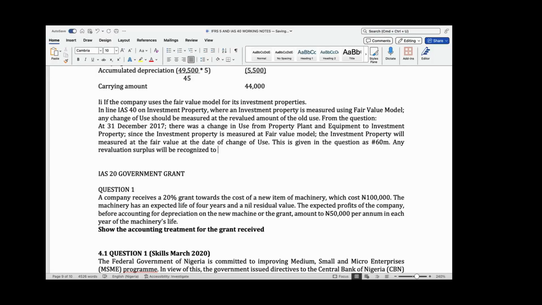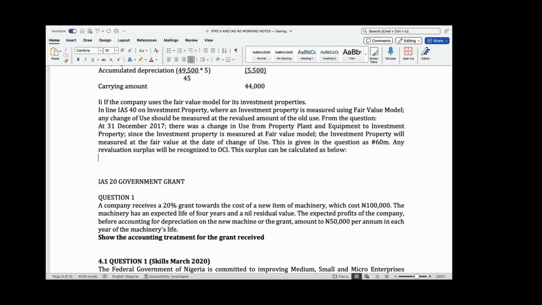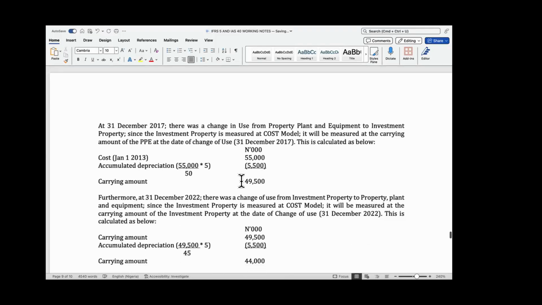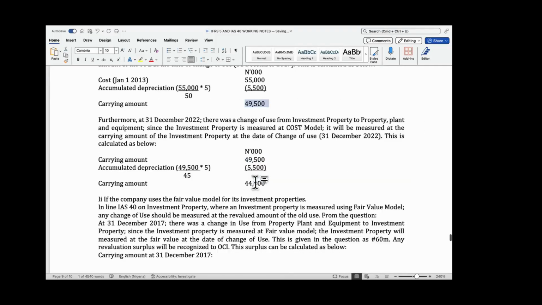Based on the old use, OCI. So this surplus can be calculated as below. So what's the carrying amount at 31st December 2017? We computed it earlier, so we don't need to compute it again. It's 49.5.